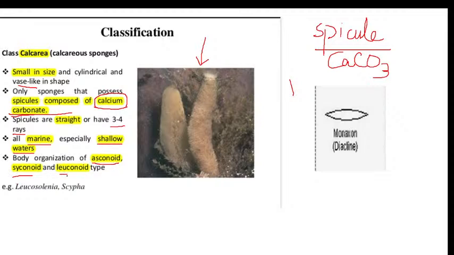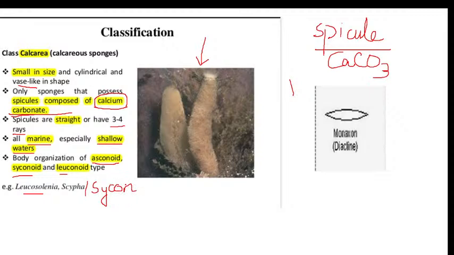Examples are Leucosolenia, Scypha, and Scypha is also called Sycon. Sycon is a Calcarean marine sponge.